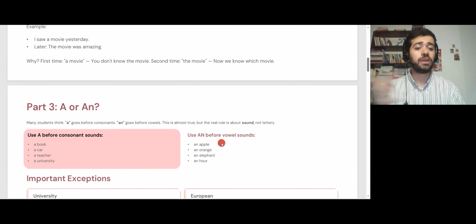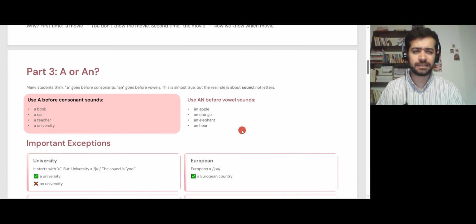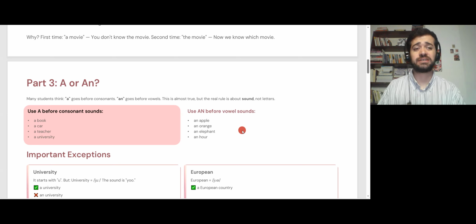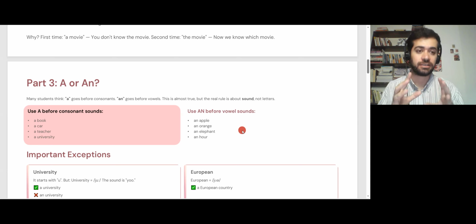Let's go further. A or an. What's the difference? As I said, for some words it's easier to say an, and it depends on the sound, not the letter. An is used when the sound is a vowel sound. Many students think a goes before a consonant and an goes before vowels.